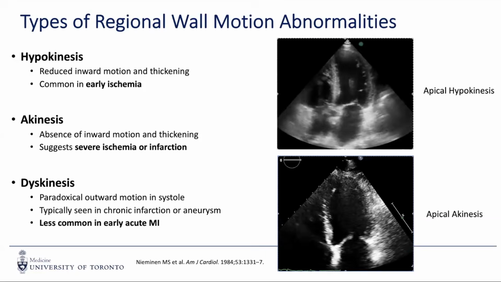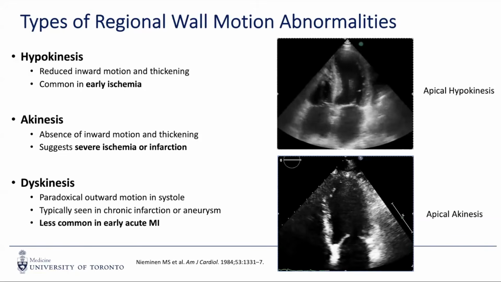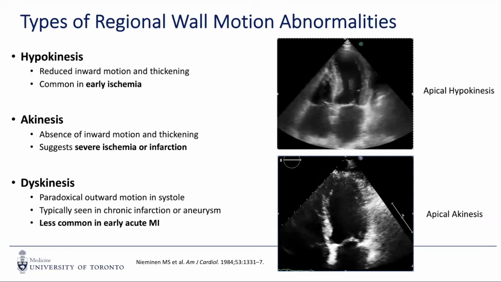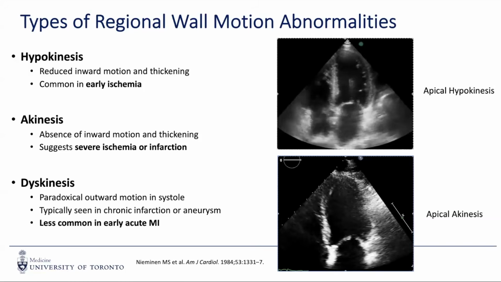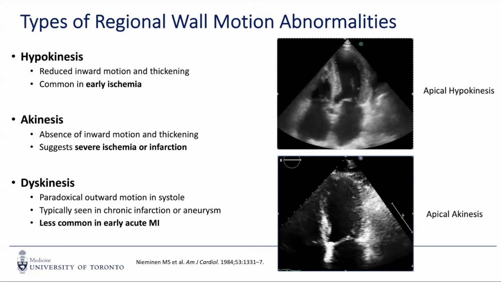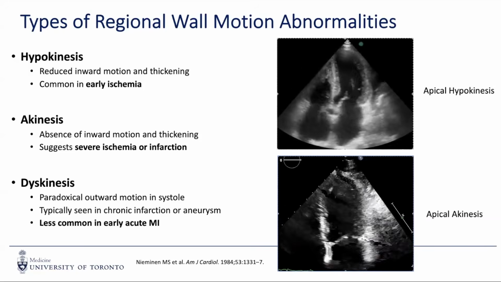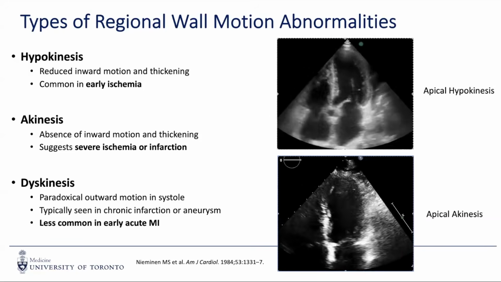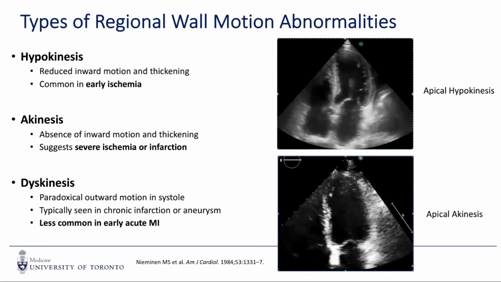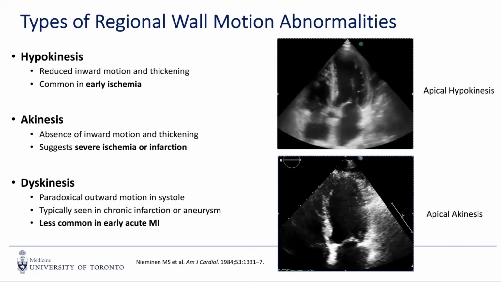There's also another form called dyskinesis that happens more commonly later on, especially with chronic infarctions or aneurysms, and less commonly with early acute MI. And you can see here the picture is clearly depicting the hypokinesis and akinesis. You can appreciate that with hypokinesis, it's reduced motion, whereas with akinesis, almost complete absence of motion.